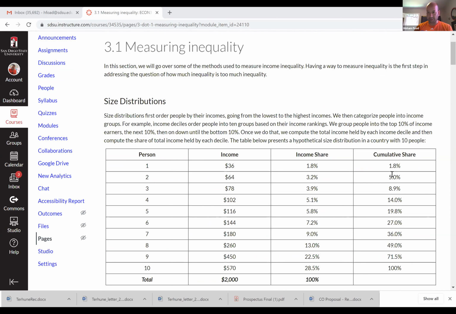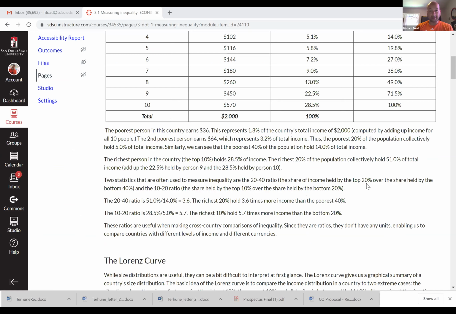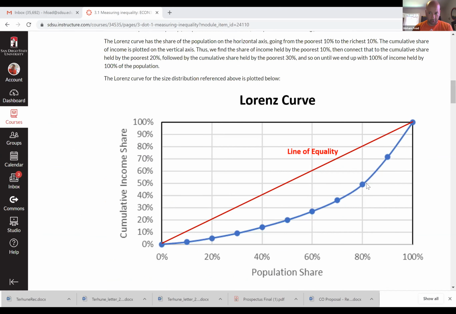When drawing the Lorenz curve, don't plot the individual income shares, only the cumulative income shares. Make sure that you're plotting out the cumulative income shares. If you plot out the individual income shares, I'll tell you, you're going to know you made a mistake, because your Lorenz curve is not going to end up at this far northeast point here at 100 to 100. Okay, so anyways, 20% of the population holds 5% of income, so that's our next point.